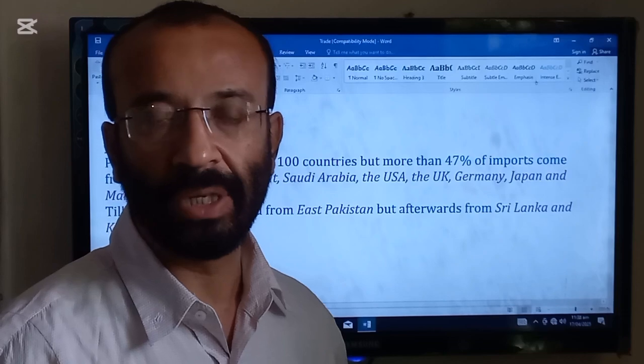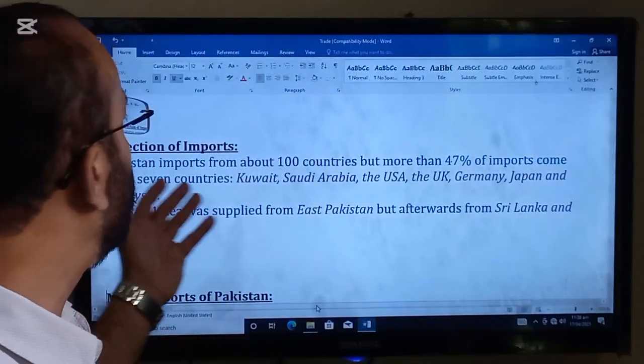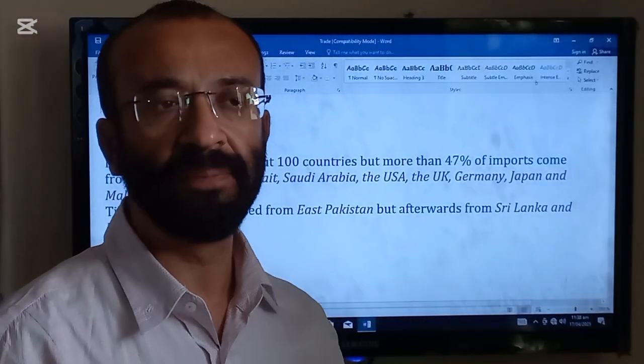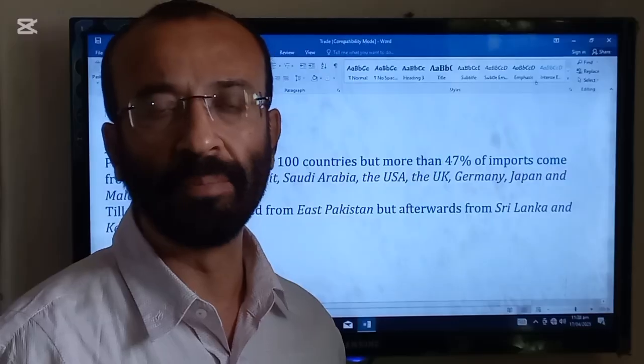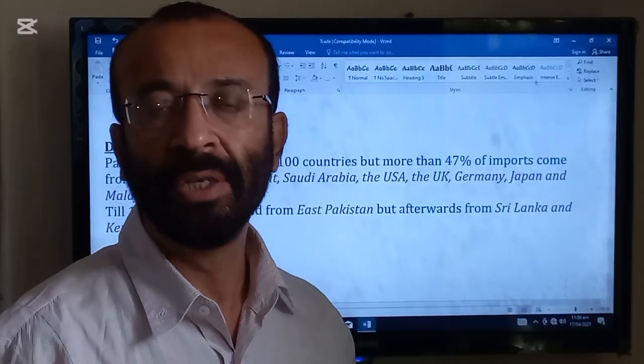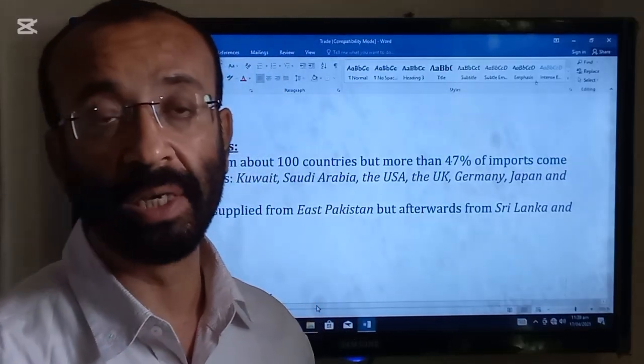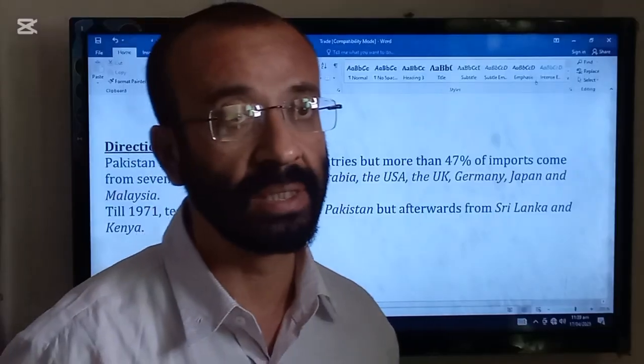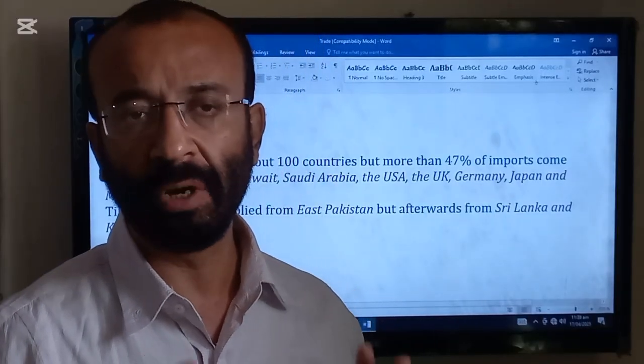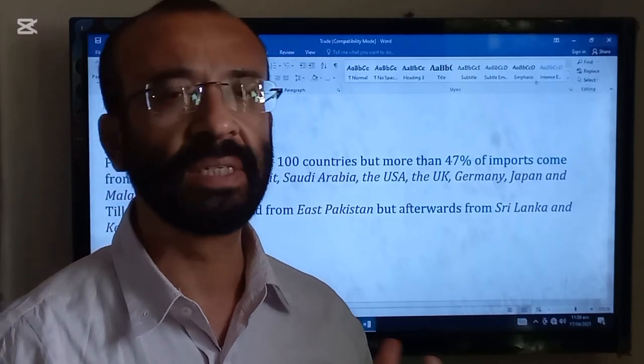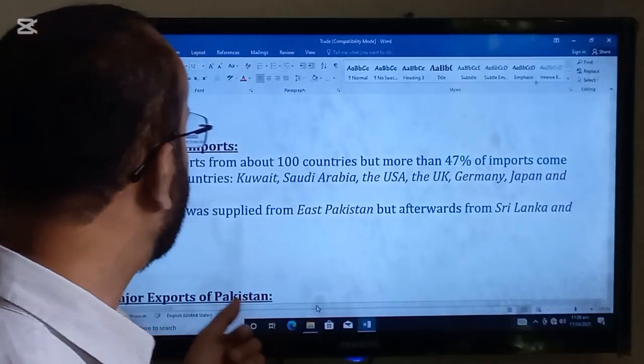The next point in the lecture is the direction of the imports. It means from where we are importing most of the products. So Pakistan is importing products from more than 100 countries in the world, but most of our imports are actually coming from 7 countries. So concentrate yourself.